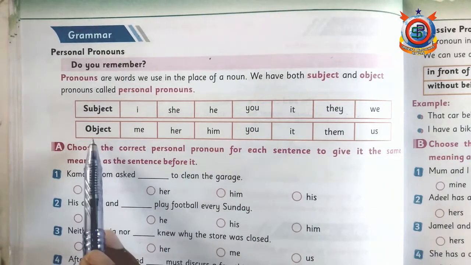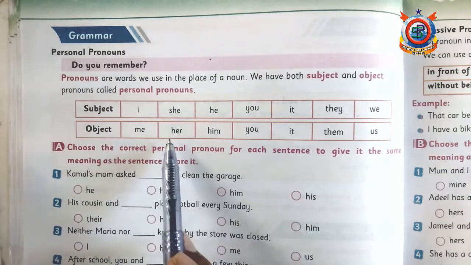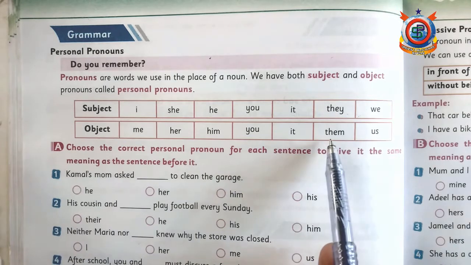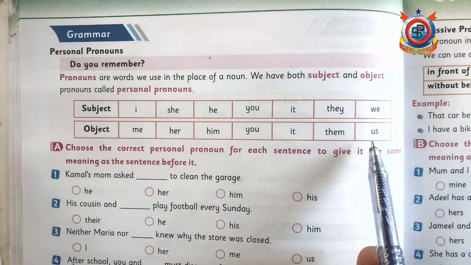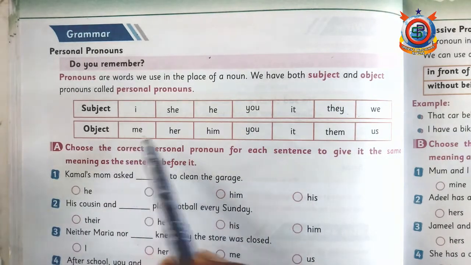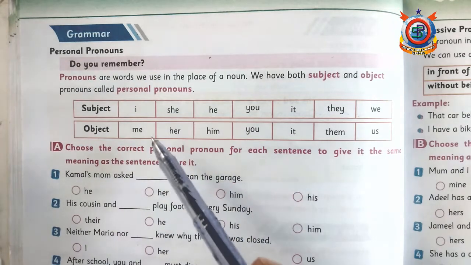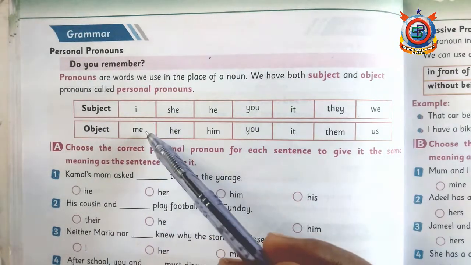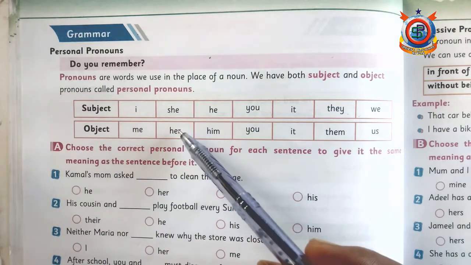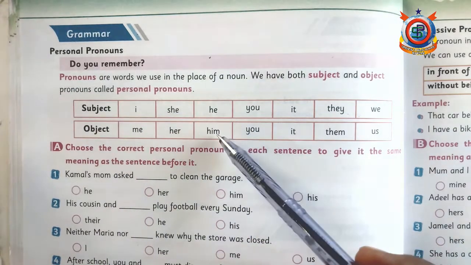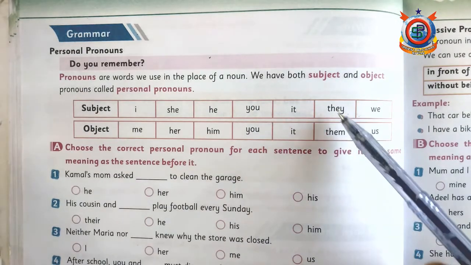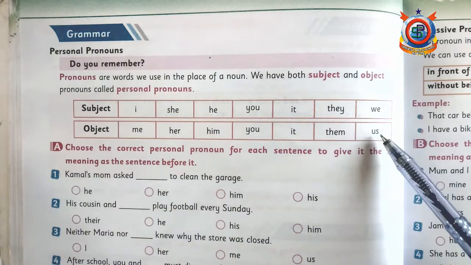And object pronouns are me, her, him, you, it, them, us. These object pronouns are used for subject pronouns. I, me, she, her, he, him, you, it, they, them, we, us.